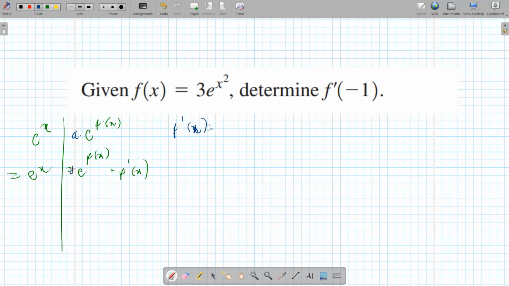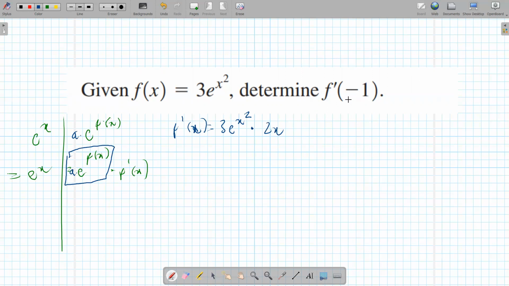If there's a constant here, it just drops as it is as well. No idea? Just drop the thing as it is, e to the x squared. You see, this is this component, e to the f of x. Now we need to multiply this by f prime of x, which means the derivative of the exponent. What's the derivative of the exponent? 2x. 2x, that's it.